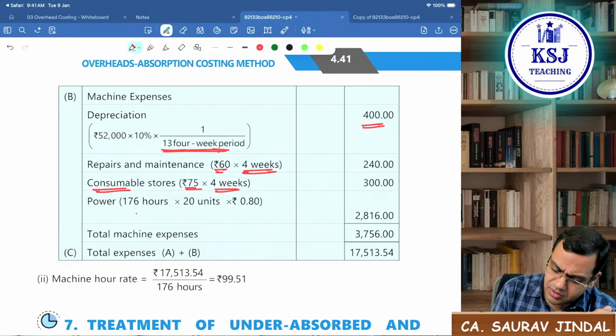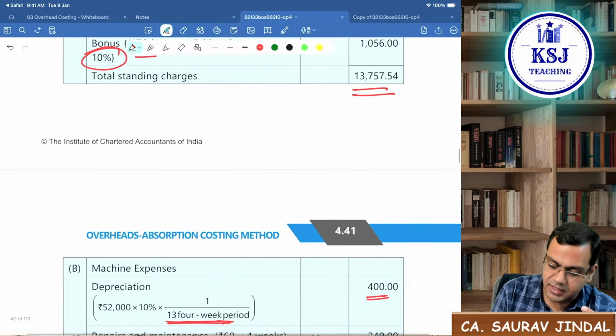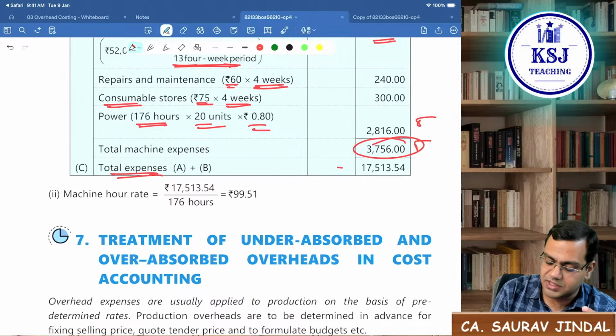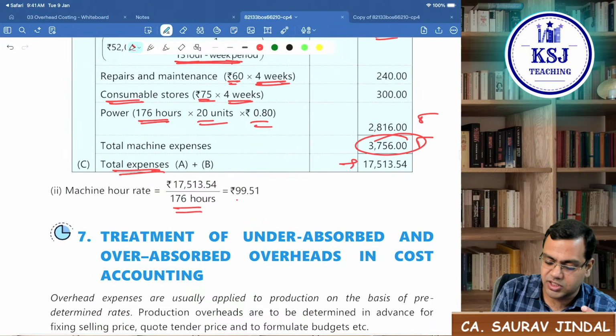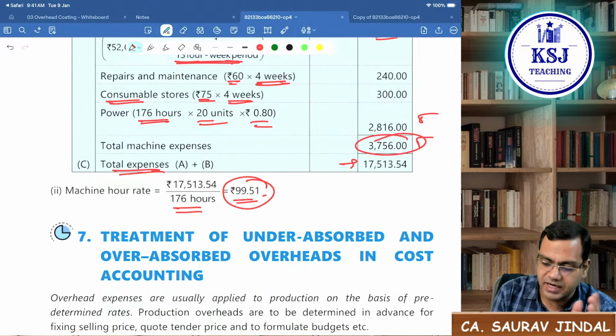Power cost is also calculated for 176 hours because there is no power consumption during the setup time, 20 units into 0.8. Total machine expenses calculated. So total expenses will be the standing charges plus the machine expenses divided by effective machine hours. You get 99.51.